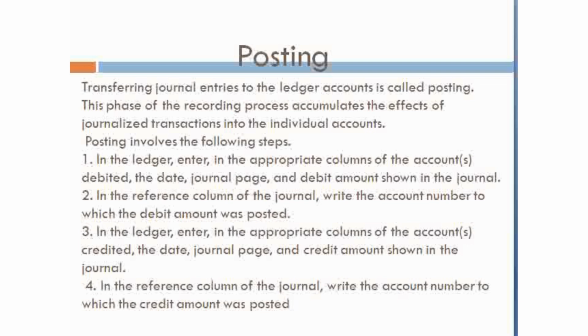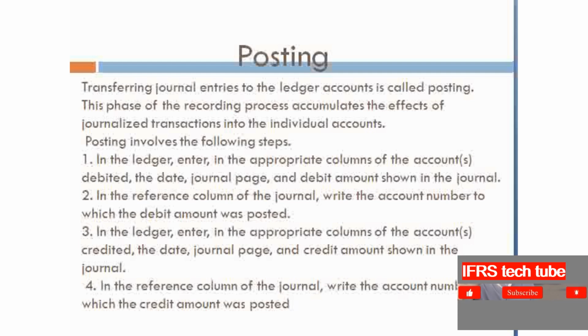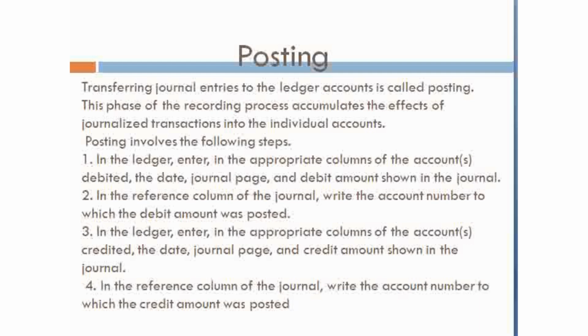1. In the ledger, enter, in the appropriate columns of the account debited, the date, journal page, and debit amount shown in the journal. 2. In the reference column of the journal, write the account number to which the debit amount was posted. 3.